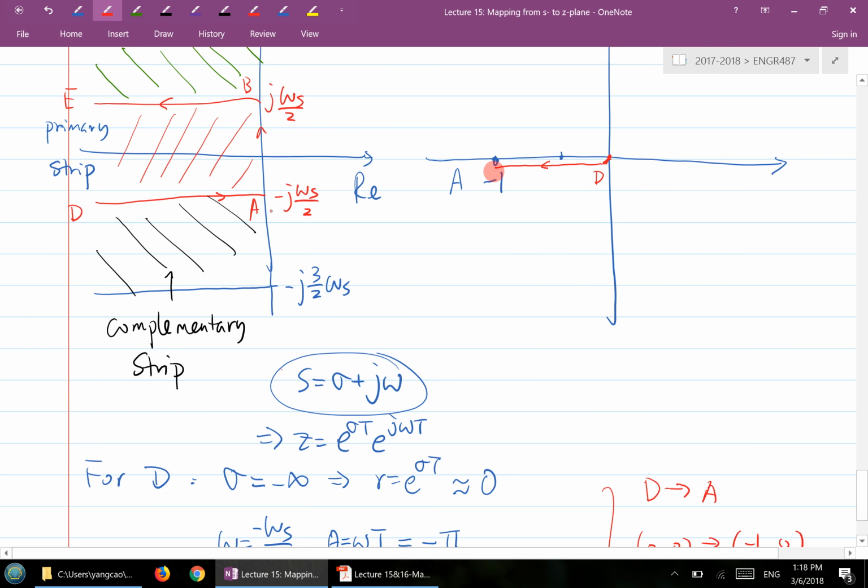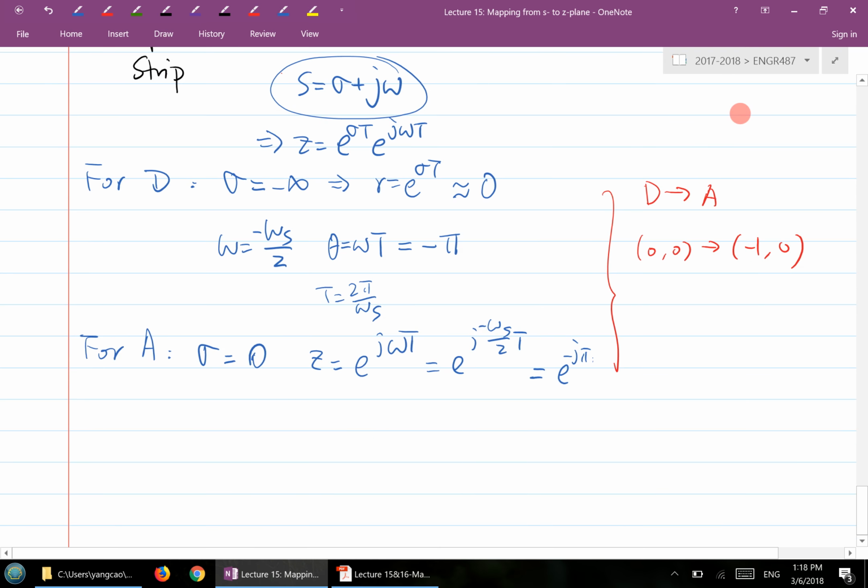Okay. So let's keep moving, now from A to B, right? If we move from A to B, then the B location is the same thing, but it's positive omega s over 2 times t, e to the power of j pi.